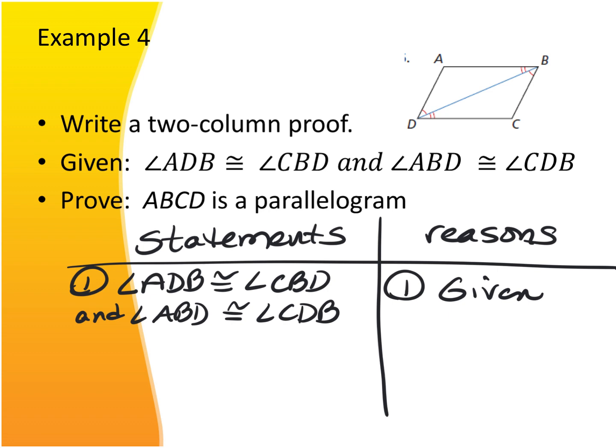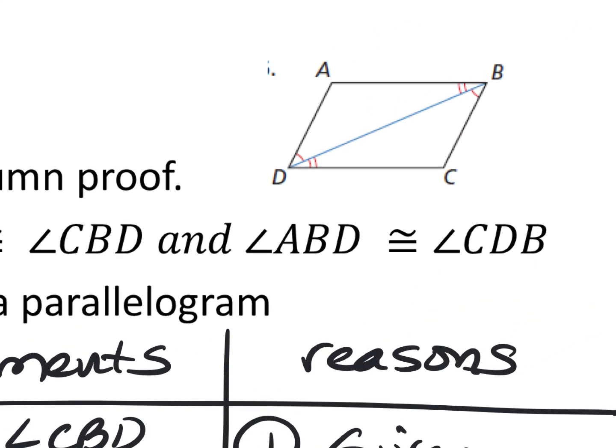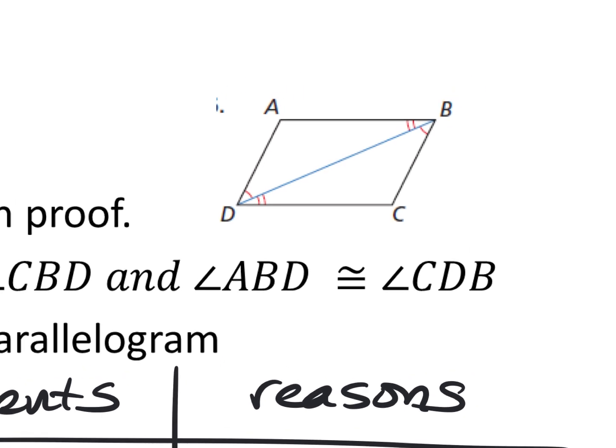So let's go ahead and notice what they've done. ADB is already marked with the CBD. So both of these angles are already marked for us. Now, if you recognize what we've got going on here, we're going to bring back our chapter 3. Because these are congruent angles, I can say that AB is parallel to CD by using this transversal, because I've got congruent alternate interior angles here.